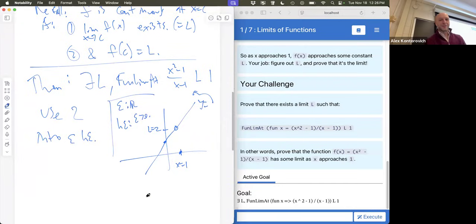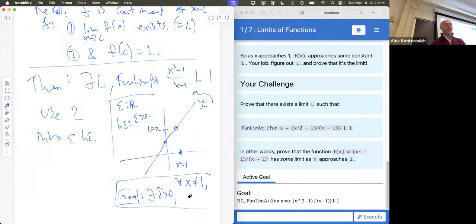What is the goal state right now? Goal, there exists a delta greater than 0 such that for all x not equal to 1, where c is 1, excellent.